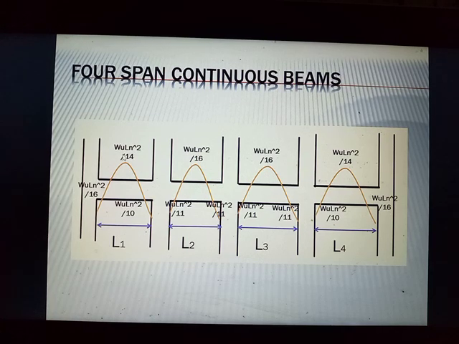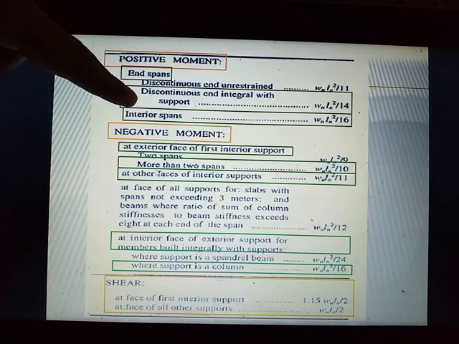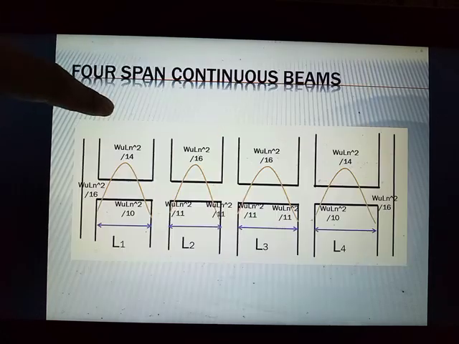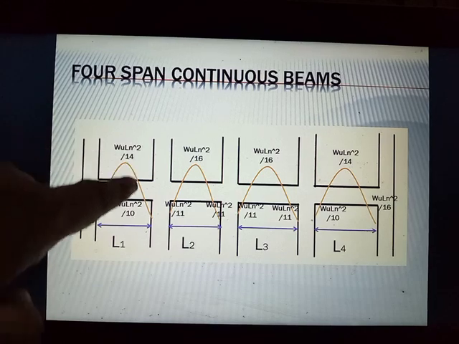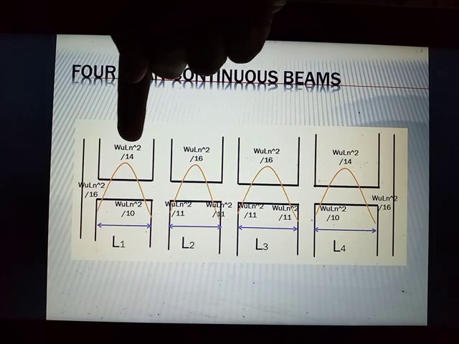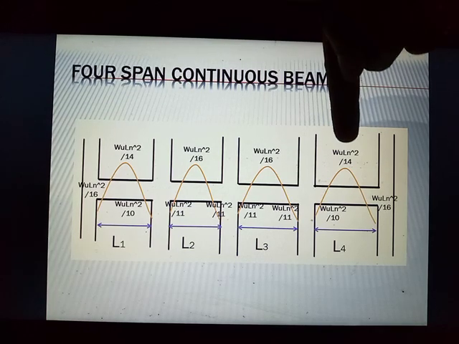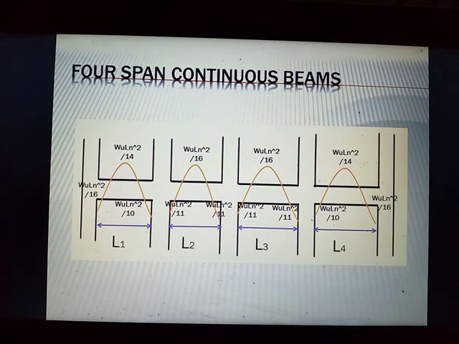As mentioned, for end spans, discontinuous and integral with support, we use Wu Ln squared over 14 for the positive moment at the exterior sides, and for the interiors, we use Wu Ln squared over 16.